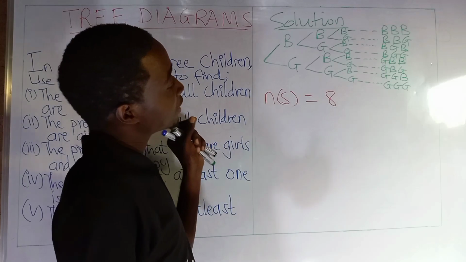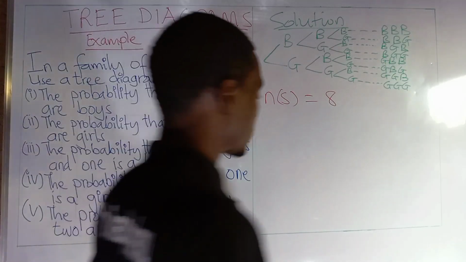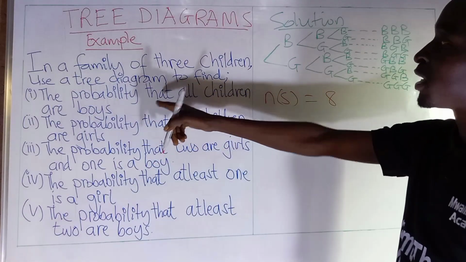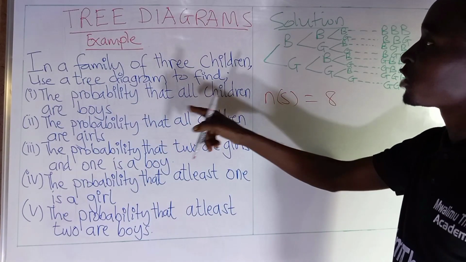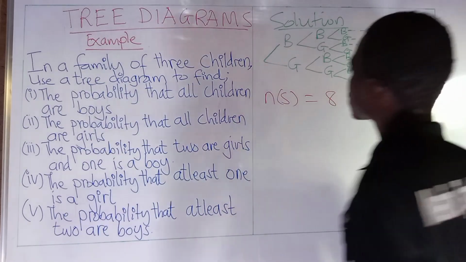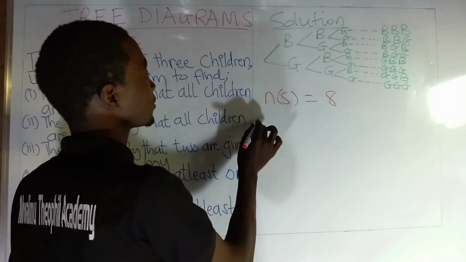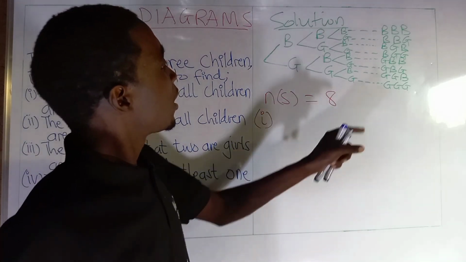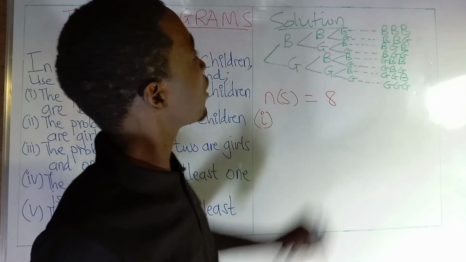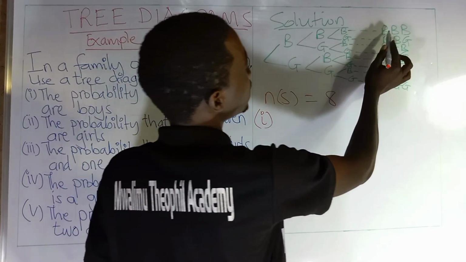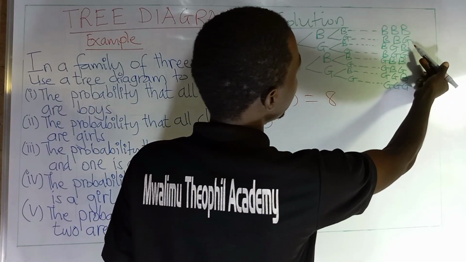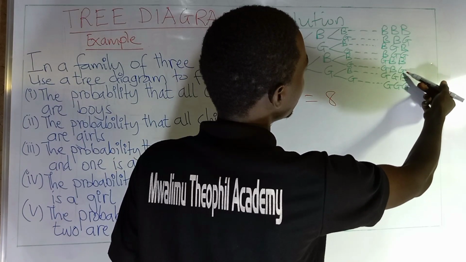Now let us start with these different events, the probability of these different events. The event number 1 is to get all children boys. How many combinations do we have with all children boys? We have the first one, boy, boy, boy. All 3 are boys. Is there any other combination whereby we get all 3 boys?